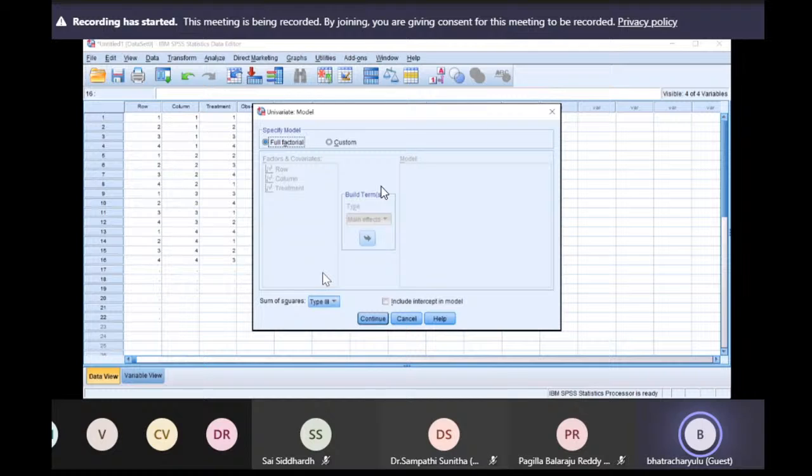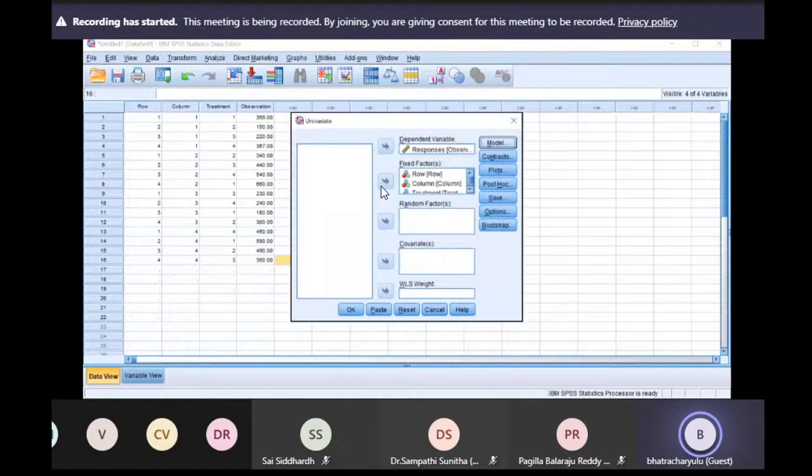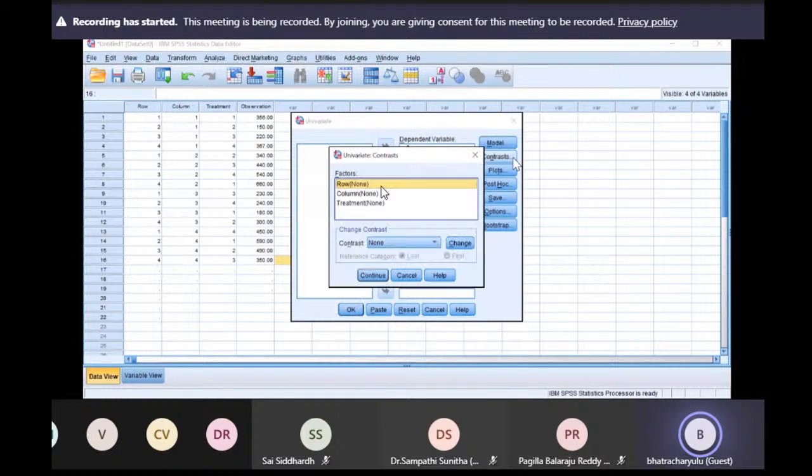When you select custom, you are not getting the interactions hidden, so go to full factorial only. Continue. Then contrast: for the factors row, column, and treatments, contrast change, none. Okay, continue.